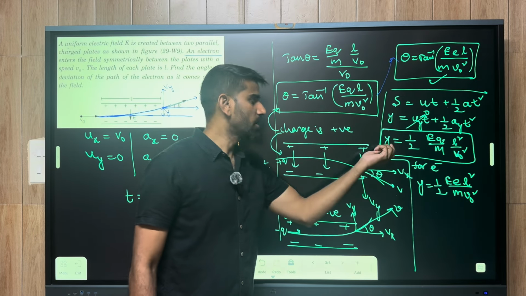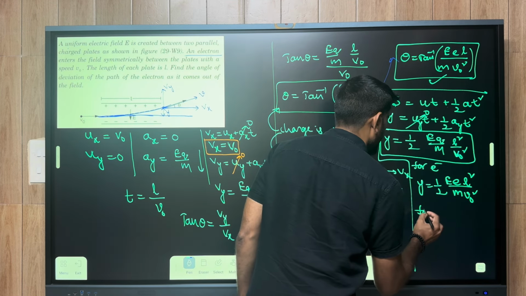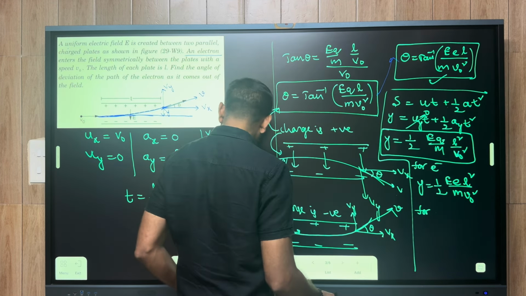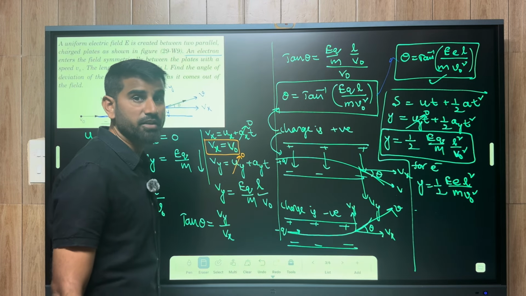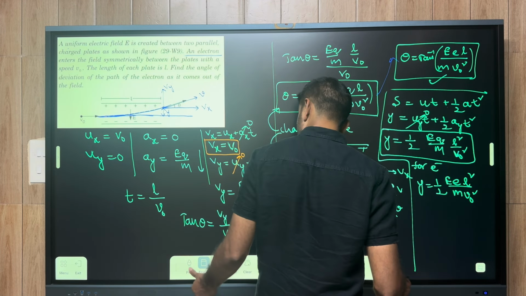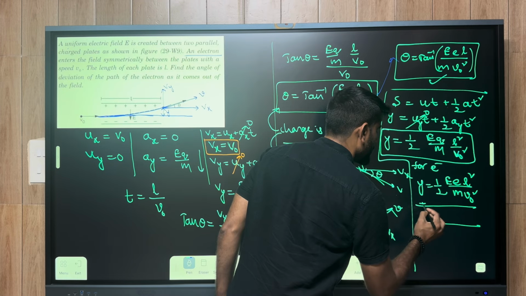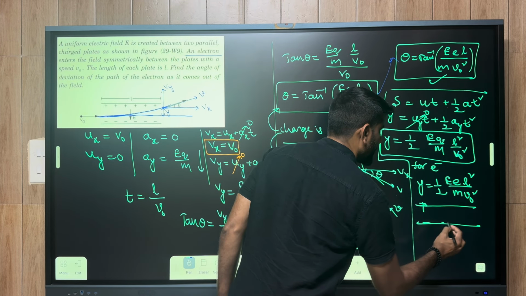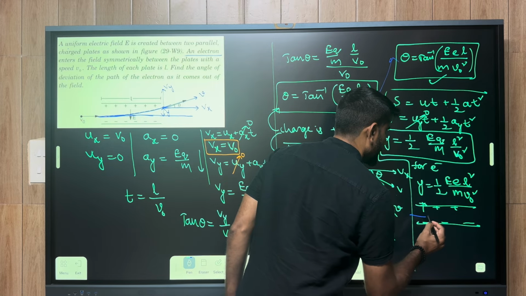If you are asked to find the vertical displacement for a proton, for proton also you will get the same equation, but the only difference is the direction of motion of the charged particle. For electron, this is positive, this is negative, positive, positive, right?